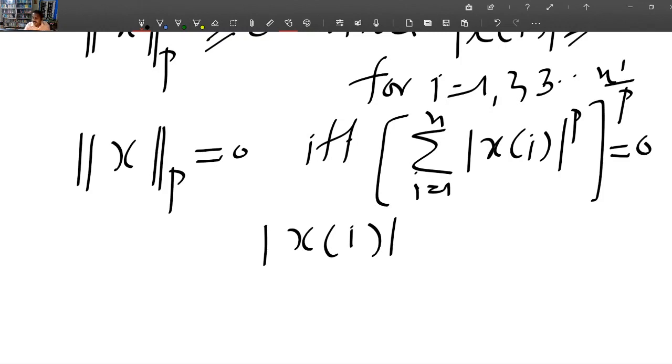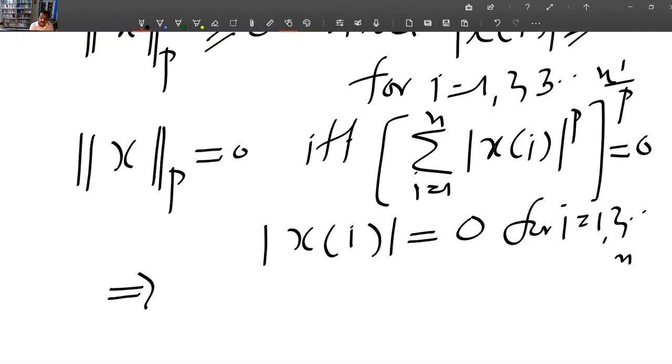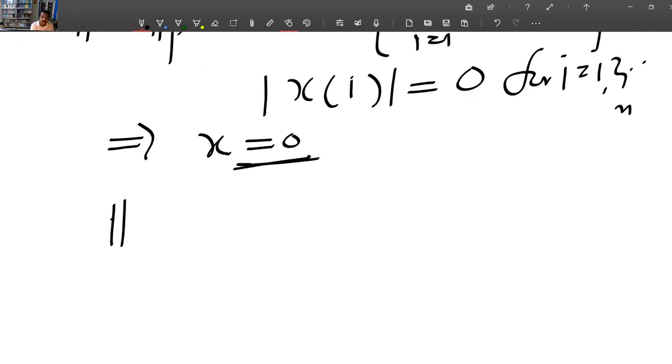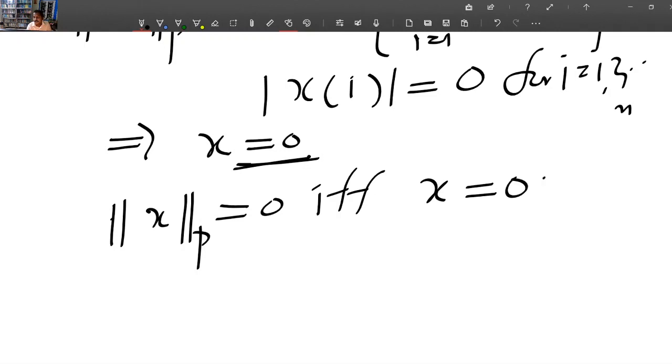So this sum is equal to 0 if and only if each x of i equal to 0 for i equal to 1, 2, etc. n. This implies x equal to 0, because x is x of 1, x of 2, etc. x of n. So you are getting the condition: p norm of x equal to 0 if and only if x equal to 0.